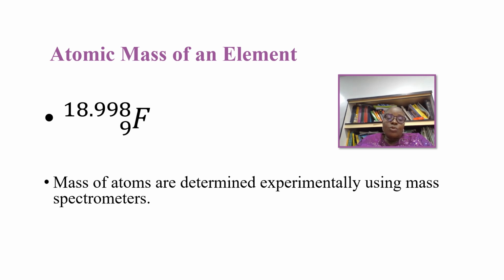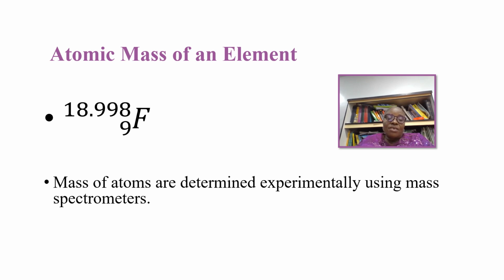And then it has the superscript as 18.998, which shows the atomic mass of fluorine, and this can be approximated to 19. It tells us that the fluorine atom has 9 protons and 10 neutrons, and it has an atomic mass of 19 AMU. And the mass of atoms are determined experimentally using mass spectrometers.